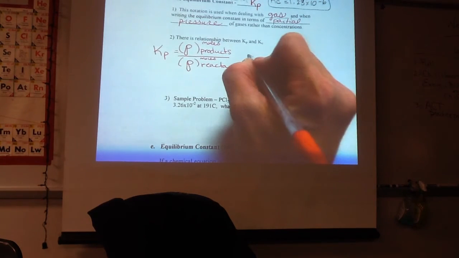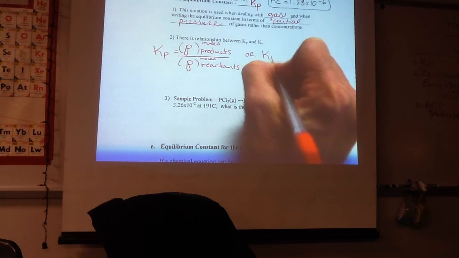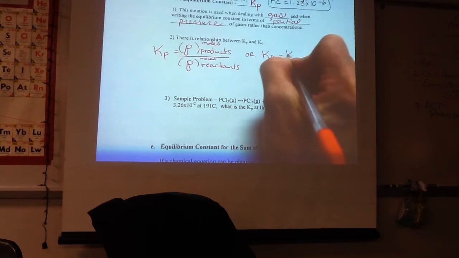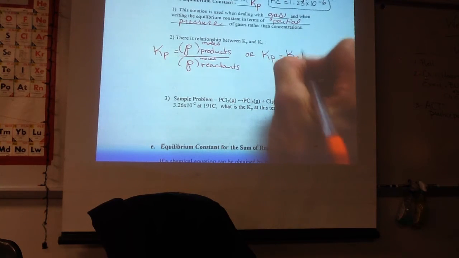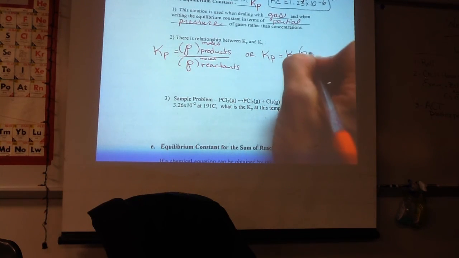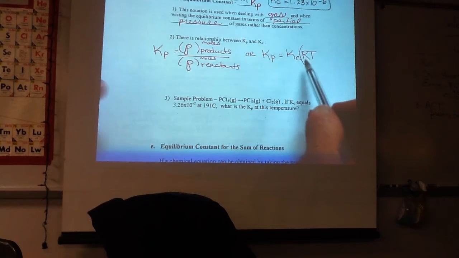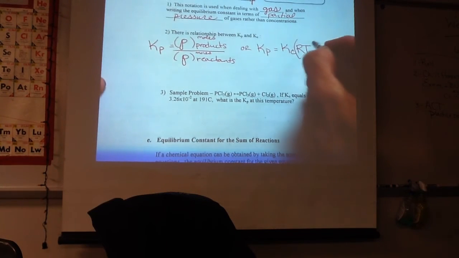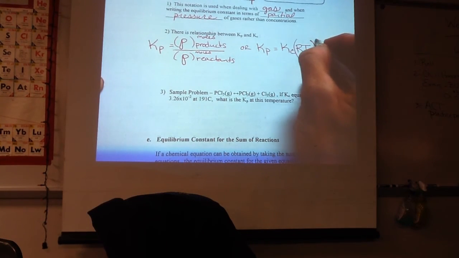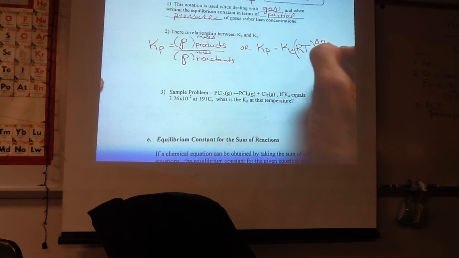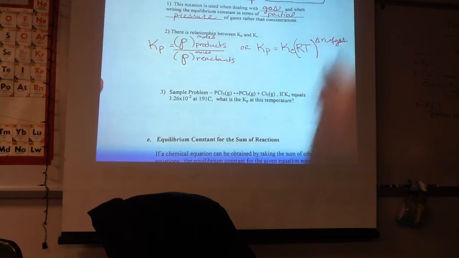The relationship between Kp and Kc, another kind of application, is that if you know the Kc, you can determine the Kp by taking Kc times the quantity RT in parentheses raised to the power of change in moles of gas.